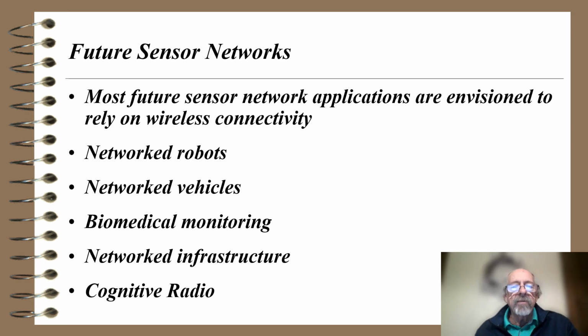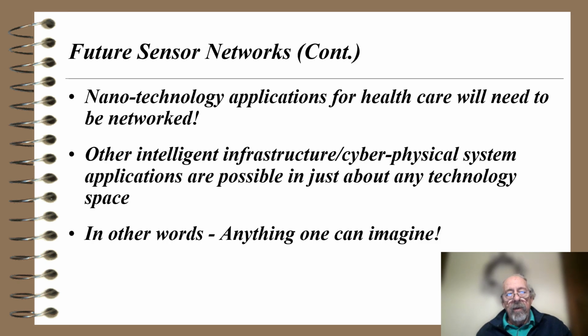So what about future sensor networks? Most future sensor network applications are envisioned to rely on wireless connectivity. We could talk about networked robots, networked vehicles, biomedical monitoring for health, networked infrastructure, cognitive radio, and so on. And finally here, nanotechnology applications for healthcare will need to be networked.